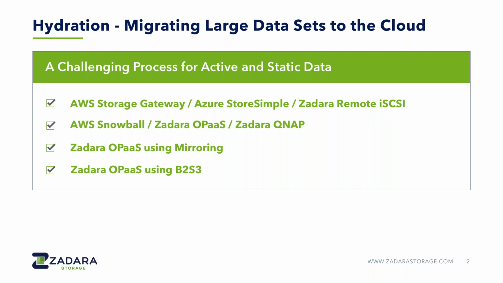There are other ways to do it, such as appliances that are actually sent on site, such as the Snowball and/or our OPAS, or even our QNAPs, which is just a simple NAS that allows you to move large chunks of data also into the cloud or public cloud provider that's either going to be static or active.